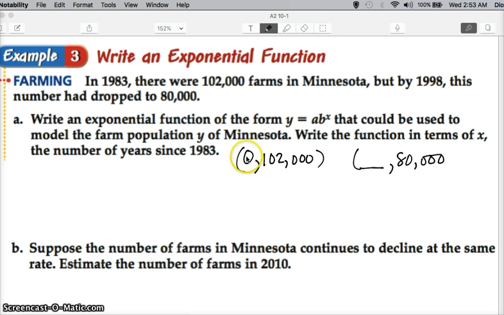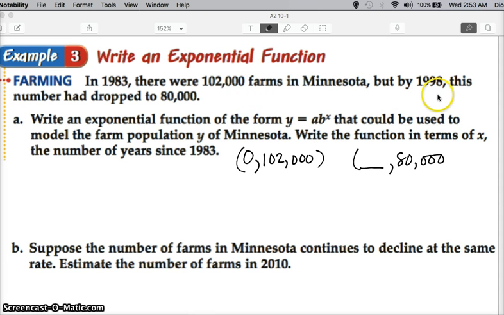So what I want you to see is that we have two ordered pairs here that should satisfy an exponential function. The first one, recognizing that we're talking about time since 1983, 0 is 1983. So in the 0th year, or 1983, we had 102,000 farms in Minnesota.